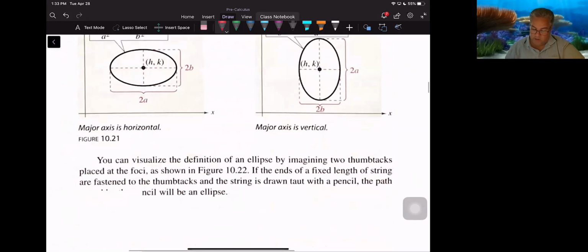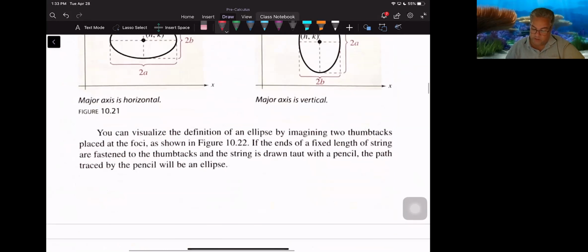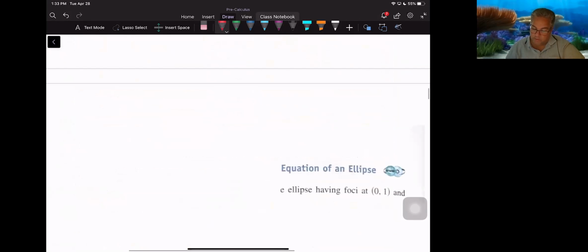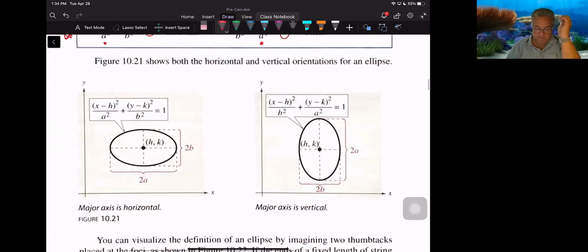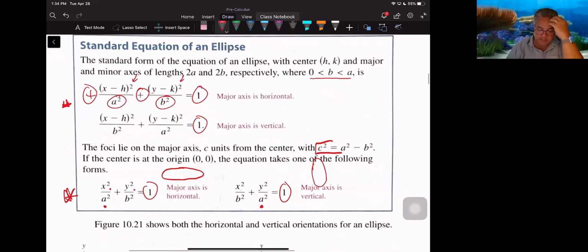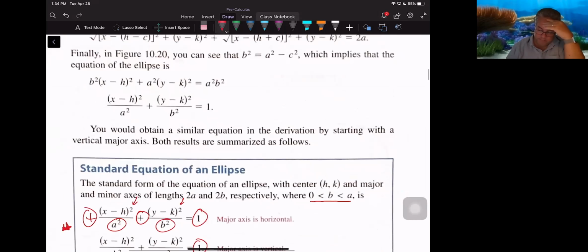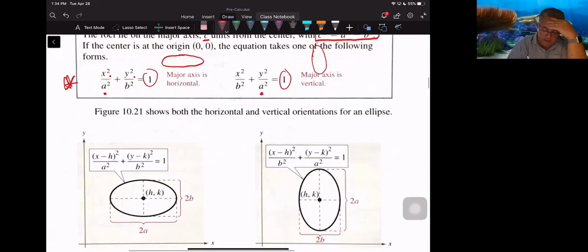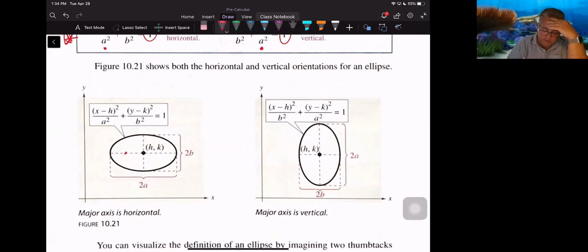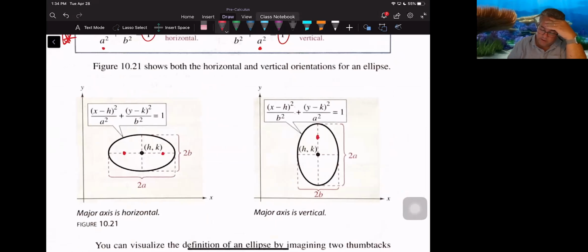Okay, now I want to point out one other thing here as well, this formula, because we're going to have to learn and find out what the C is. The foci lie on the major axis C units from the center. So when you have an ellipse, your foci are always going to be on the major axis, the longer of the axes.